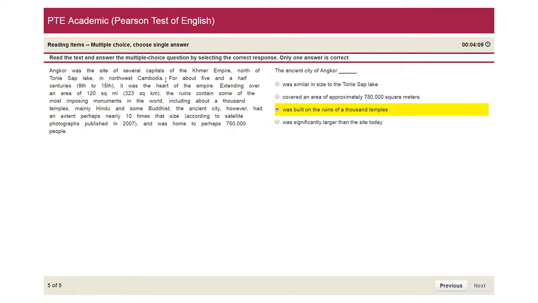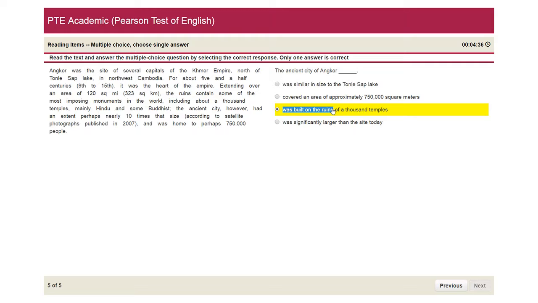That's the location, and it mentions the heart of the empire extending over 323 square kilometers. This is about Angkor, because Angkor means ruins, containing some of the imposing monuments in the world. So this option should be wrong because Angkor was never built on ruins.